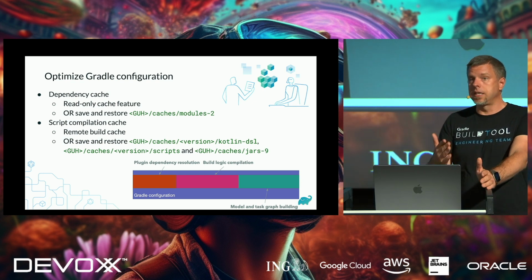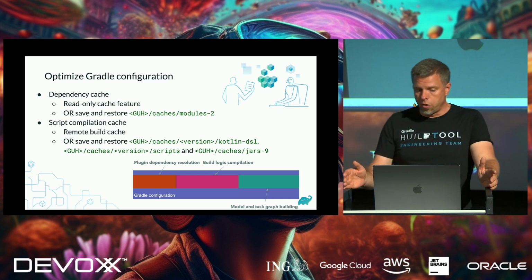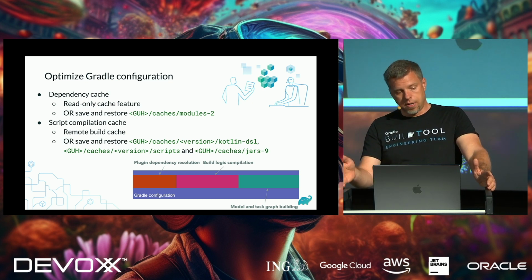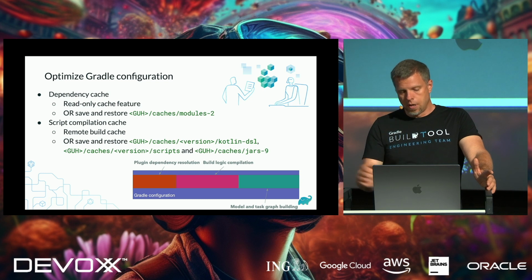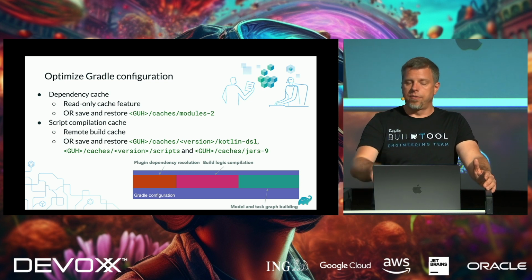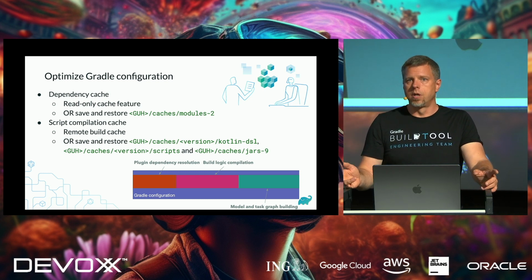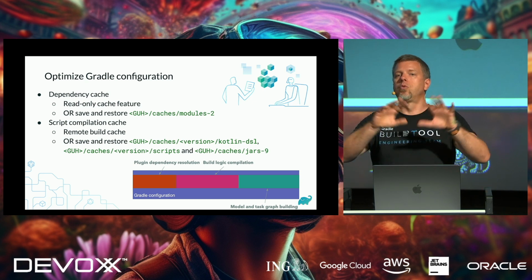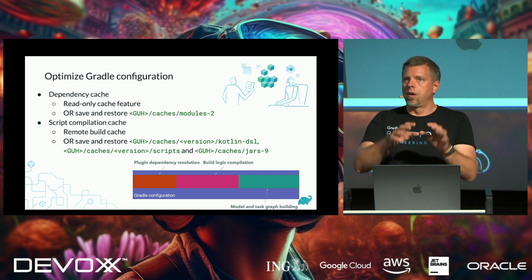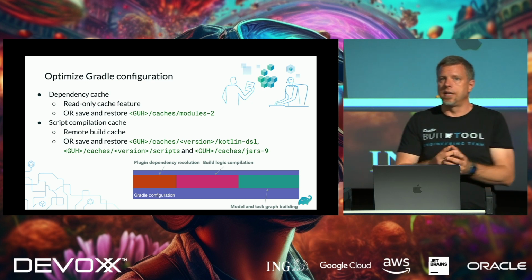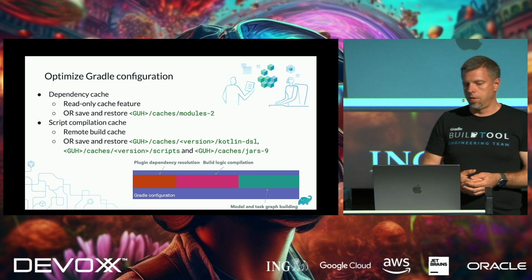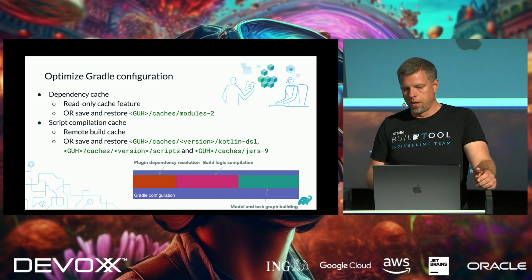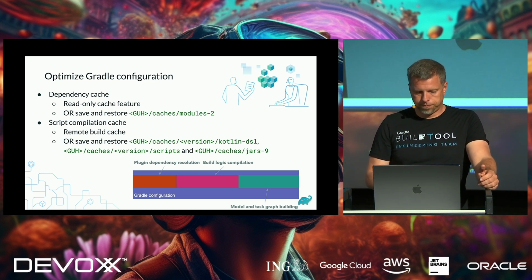So you can instead save and restore, again, a number of folders: the caches version Kotlin DSL, caches version scripts, or caches jars 9. That 9 is actually a version number. So it might be that in a future version of Gradle, it's called jars 10. But this would give you effectively a series of caches that represent the results of building your build logic.